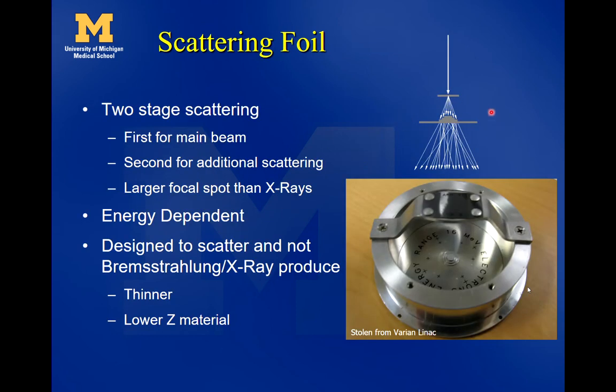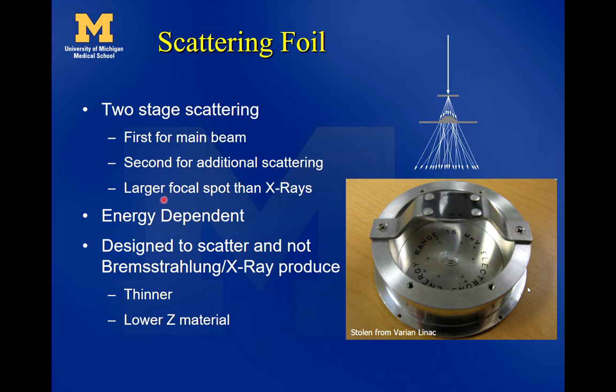This is what a scattering foil looks like from a Varian Linac. I call this a two-stage scattering foil. The first is for the main beam, so it has this scattering point up here, diagrammed here. It gets this initial beam scattering, and then below it, on the second stage, you have this cone of what to me appears to be aluminum.